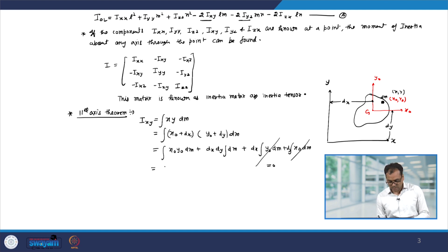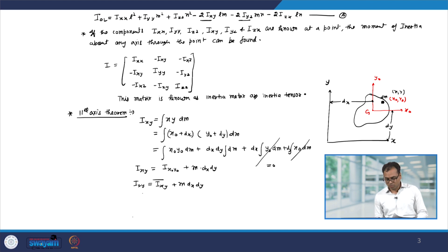So, this is nothing but the product of inertia about x naught y naught plus m into dx dy. Okay. And I x naught y naught is the product of inertia about the center of mass. So, I can rewrite this as Ixy equal to Ixy about the center of mass plus m dx dy.